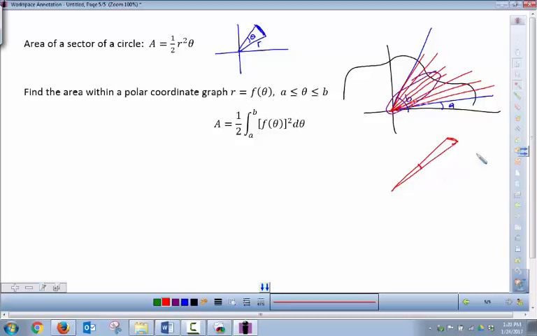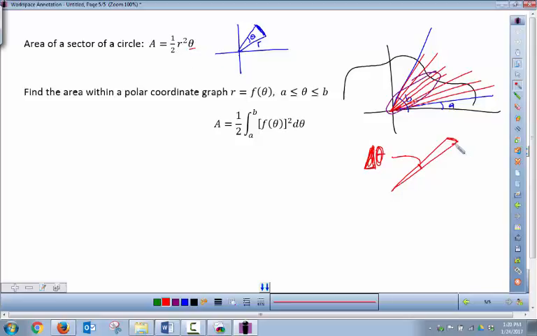And our slices are being taken by theta, so this little angle over here is actually our d theta. Or you can do the triangle first, and then it'll eventually become d theta. The change in theta, that's our angle. So we need the angle and we need the radial distance.